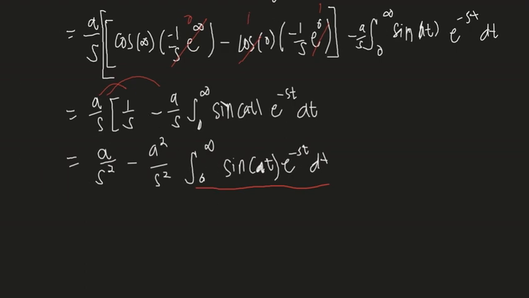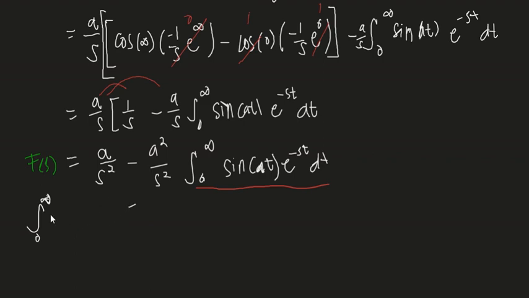So take note that we are given the F of s, which is equal sa same nga function, which is integral of 0 to infinity of sine at e raised to negative st.